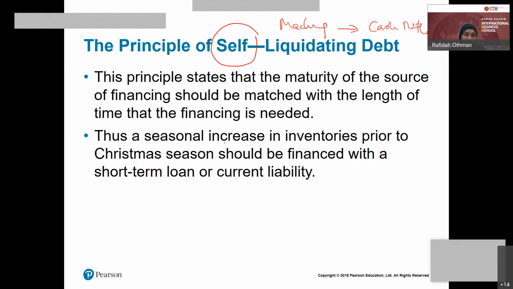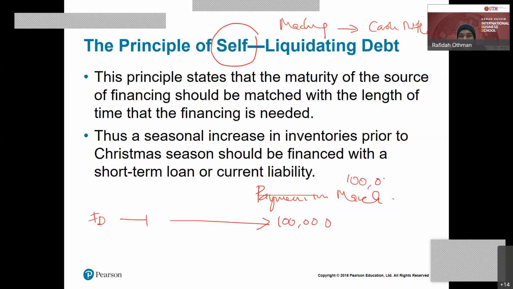For instance, you have a payment of 100,000 in March. If you have a fixed deposit, you place the fixed deposit up to this maturity for 100,000. When the FD is matured, you just pay this amount.